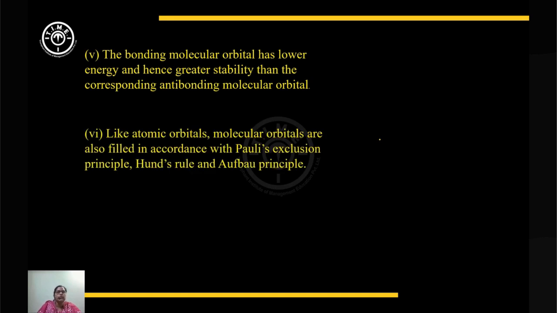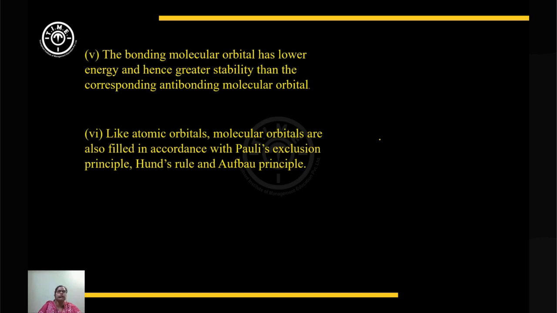Like atomic orbitals, molecular orbitals are also filled in accordance with Pauli's exclusion principle, Hund's rule, and the Aufbau principle. That means the distribution of electrons in various molecular orbitals must follow the three principles. One is Pauli's exclusion principle, so in any orbital, a maximum of 2 electrons can be present.